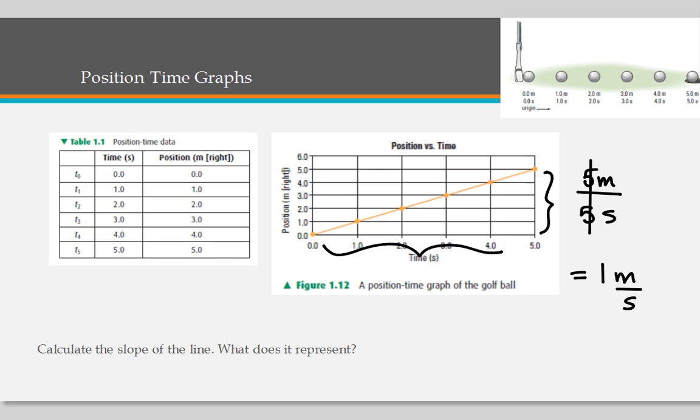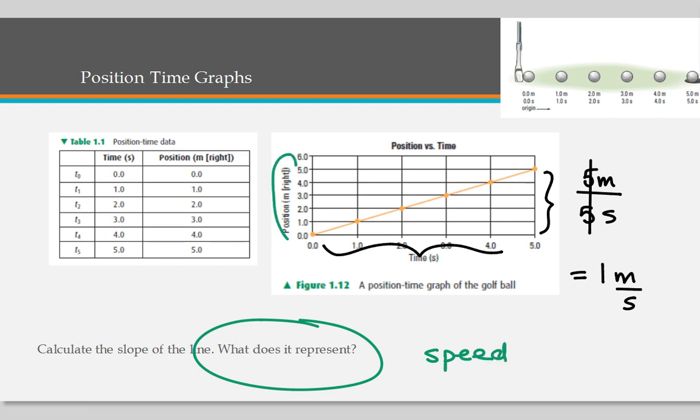1 second over, 1 meter up. 1 second over, 1 meter up. And that meter per second should stand out to you. What does it represent? Speed, but in this case, because we were dealing with a displacement, it's not speed, it's velocity.